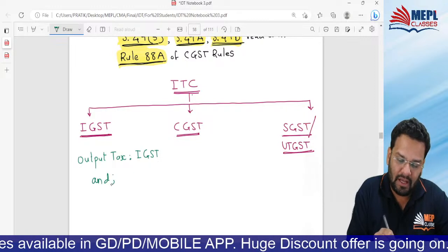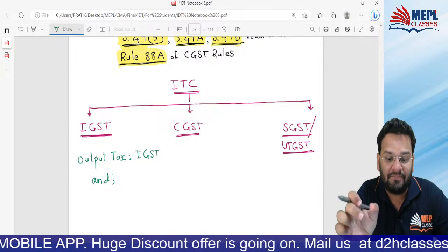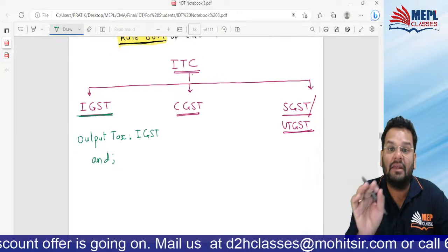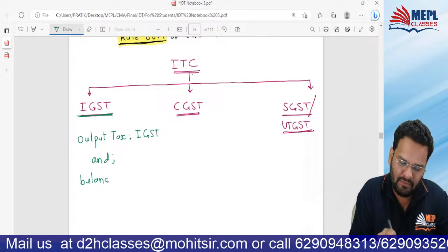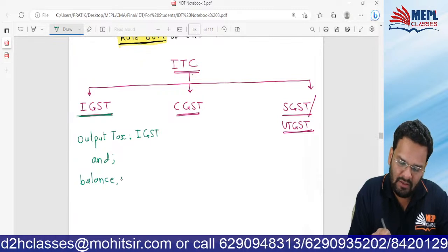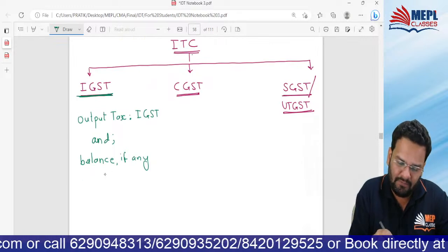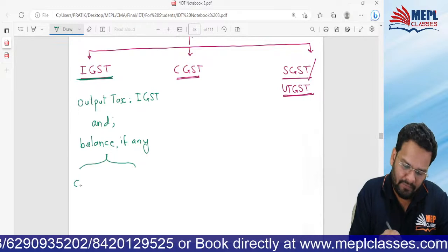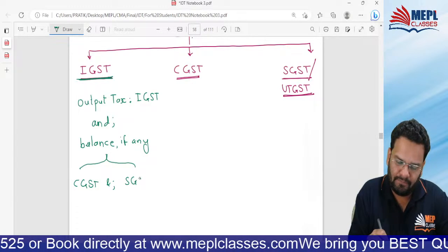And if after this there is any balance left in the ITC of IGST, that balance should be utilized to pay CGST and SGST.